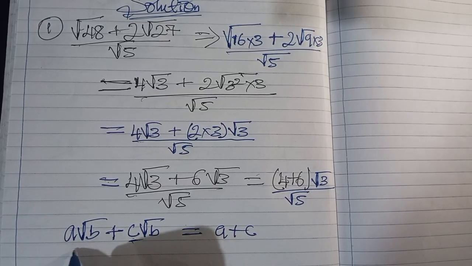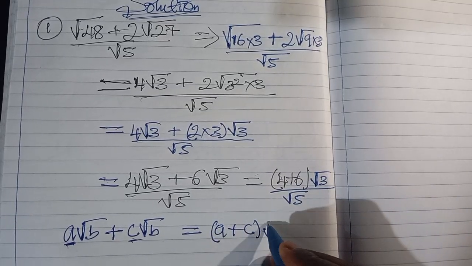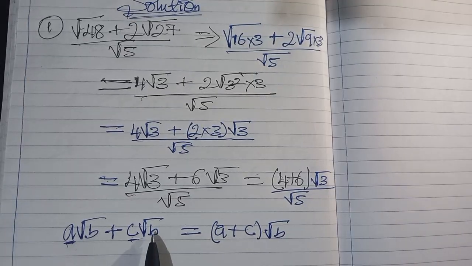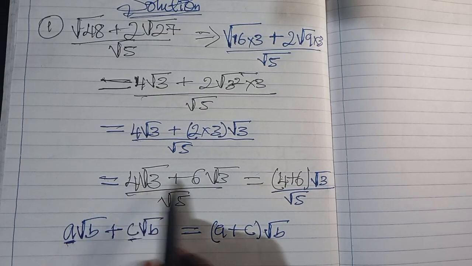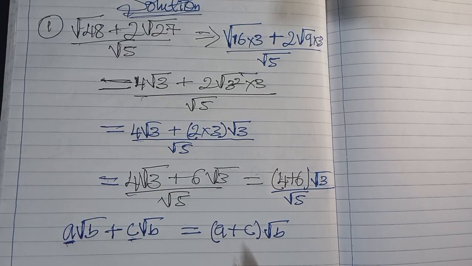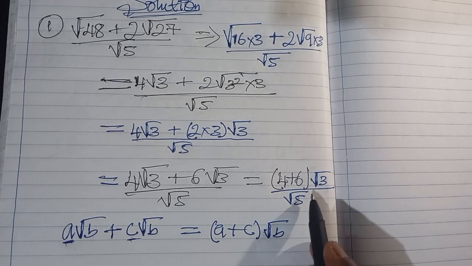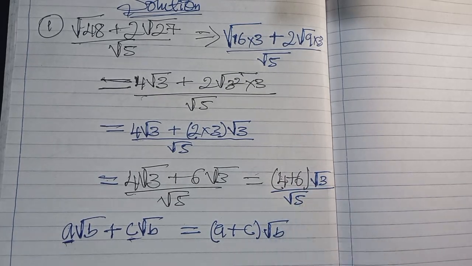They are the same, okay? So you pick it, then all in root b, because the radicand b and b are the same. So you have a plus c root b. That is what I have done here. 4 and 6, root 3 and root 3, just like root b. Alright, so we have 4 plus 6 root 3 divided by root 5.